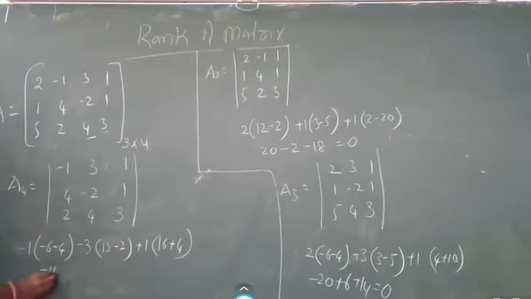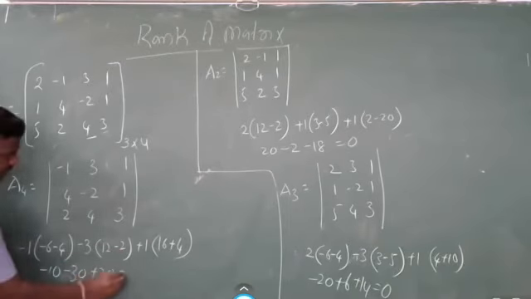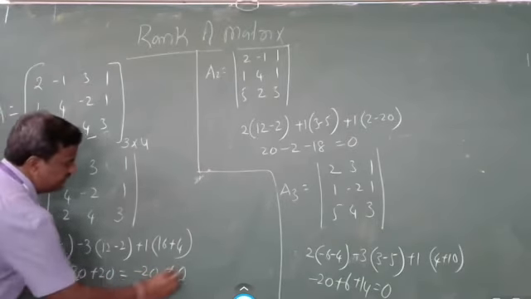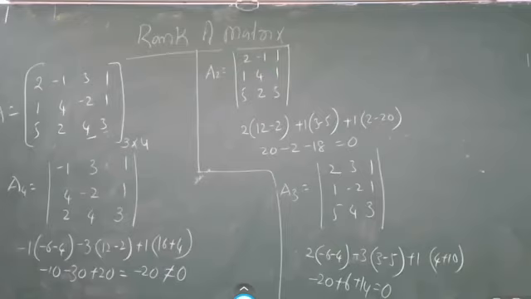So minus 10, 10 into 3 minus 30 plus 20. So equal to minus 20, which is plus 10.